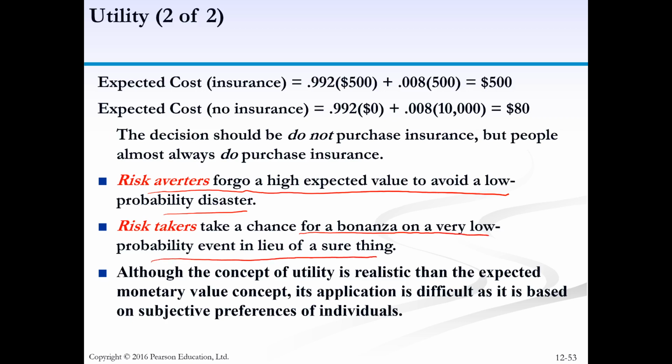For example, people gamble and they buy lottery tickets, and only 1 in a million chance or 1 in 10 million chance is there that they will win. So it is almost zero probability, very low probability, but still people buy and they take the risk.